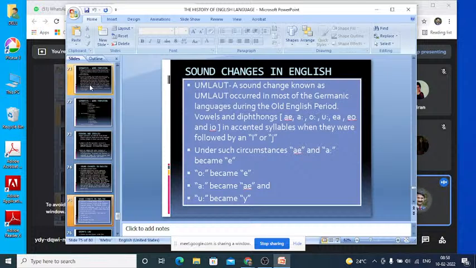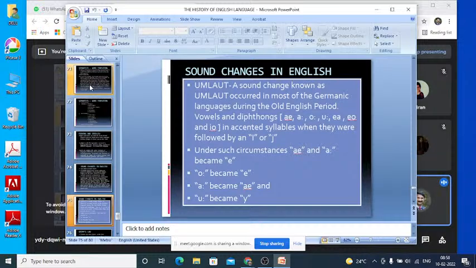So the vowel quality of monophthongs and diphthongs changes over a period of time, and it happens to different monophthongs and diphthongs, and you can trace different changes in vowels, especially the e sound.